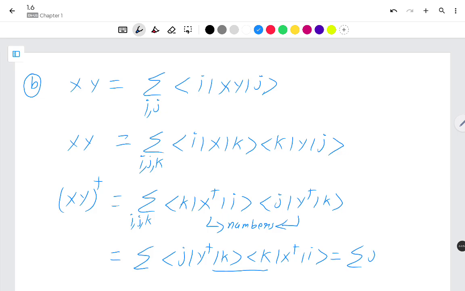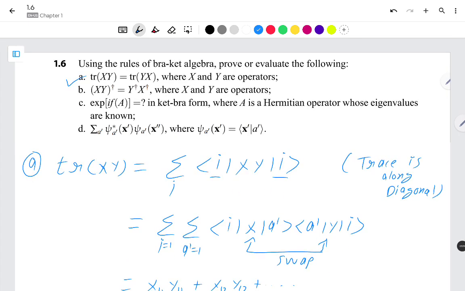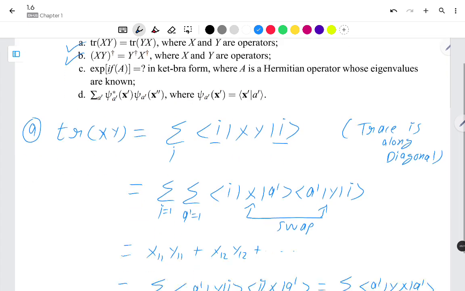This will give me j y dagger, x dagger, i, which is y dagger, x dagger. So we also proved this.